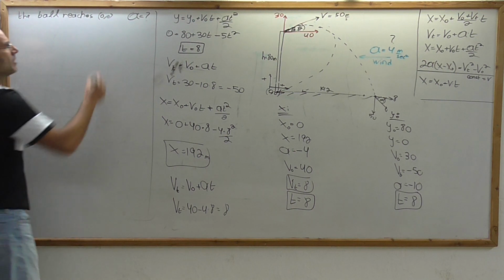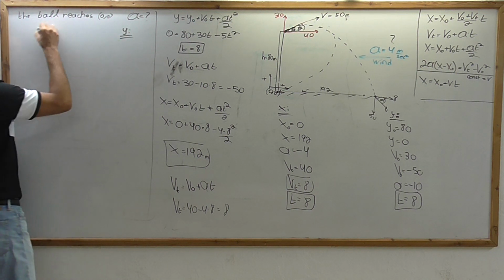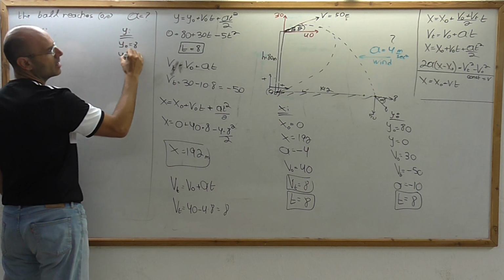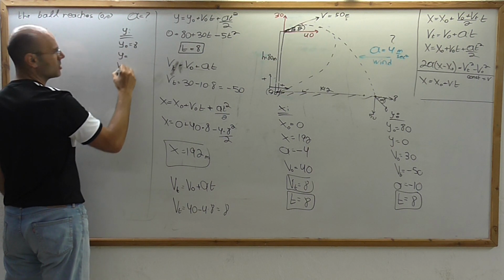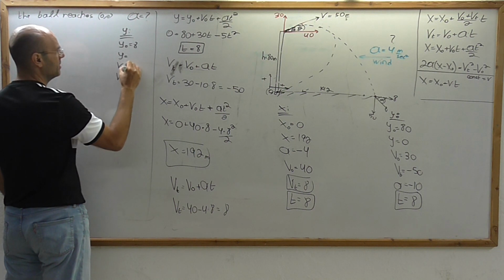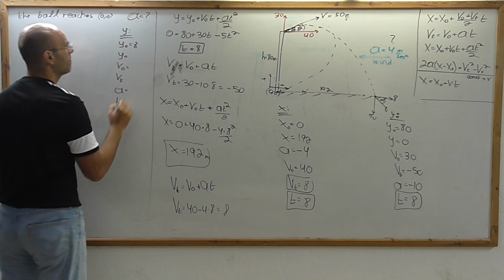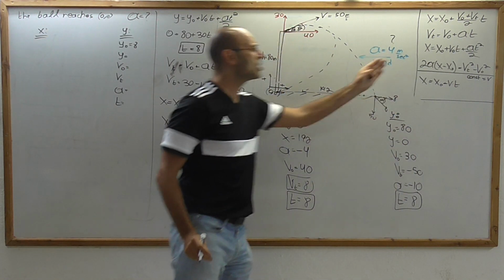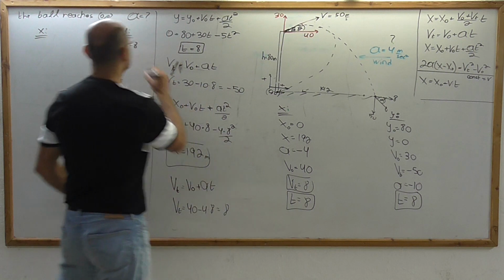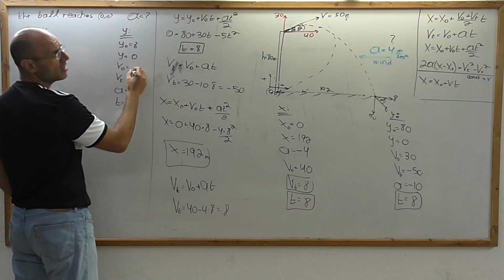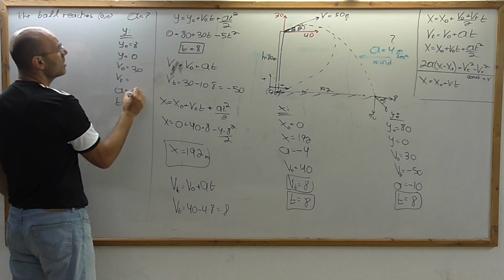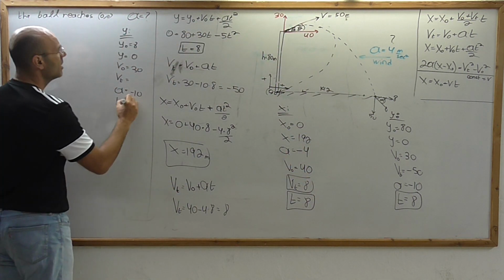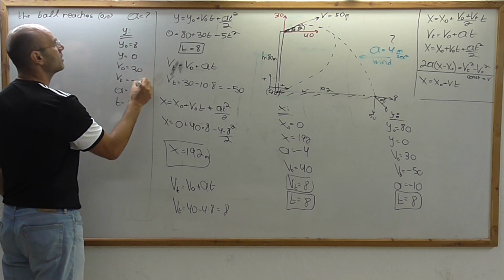Okay? Again, I write the y, I write the x. The y, y0 is 80, y is, okay, let's just wait, v final, a, t. In the y-axis, nothing is going to change because it still starts here, finishes there, velocity is 30. So all the data we have here is exactly, I can copy it, 8 and minus 50.